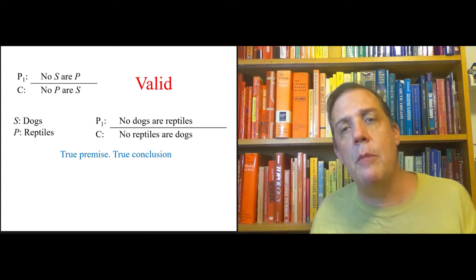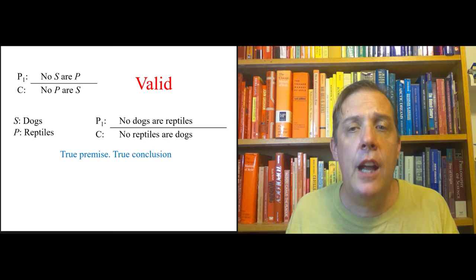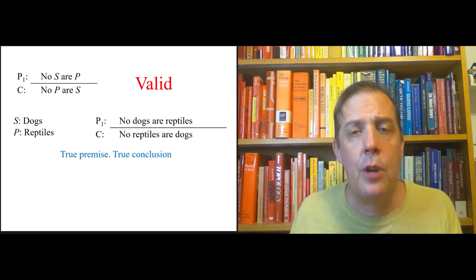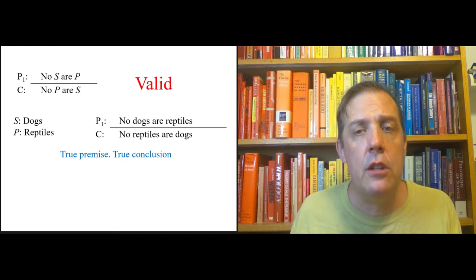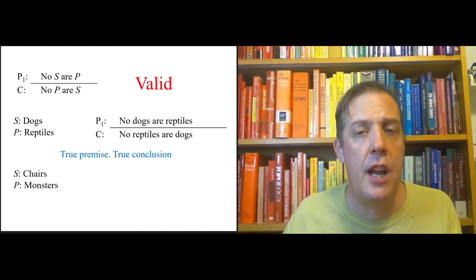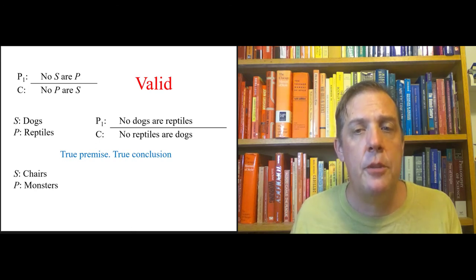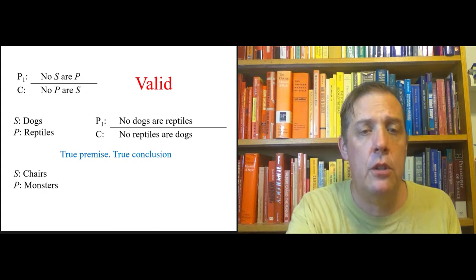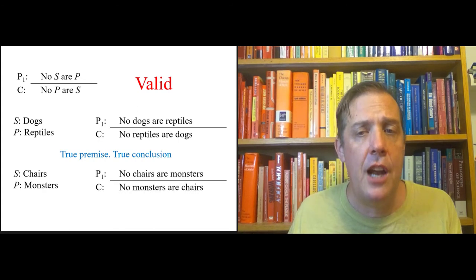But actually, no matter what you put in for S and P, if the premise is true, then the conclusion will be true. So if S and P are chairs and monsters, you get the premise, no chairs are monsters. And then you get the conclusion, no monsters are chairs.